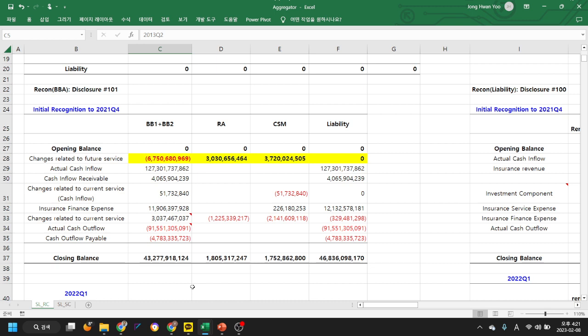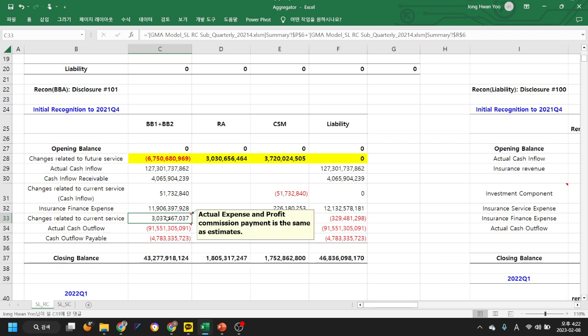And the experience adjustment says that it just changes. For those periods on the initial recognition, I estimated the cash outflow, but the actual cash outflow is different.